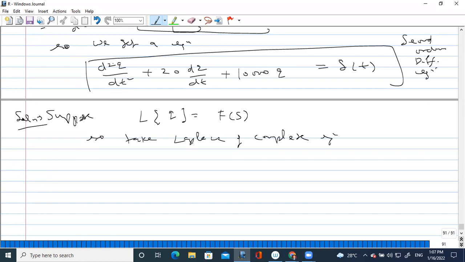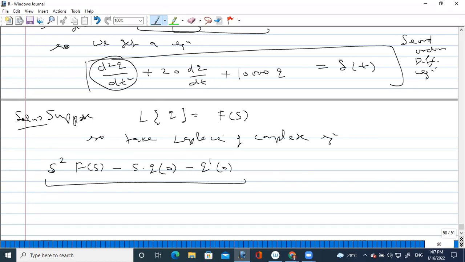Now it is double differentiation. In double differentiation also I told you the formula. s square into fs will be the first term, minus s into function at 0, so q0 will be there, and minus q dash 0 also will be there. So this is from this term.